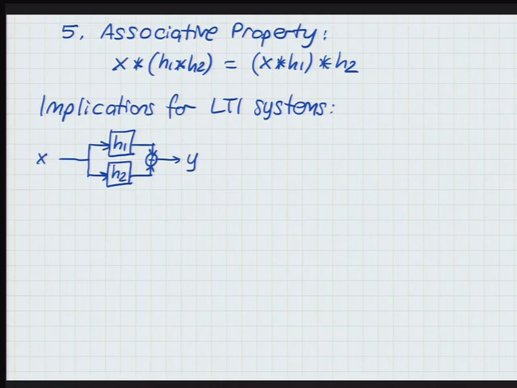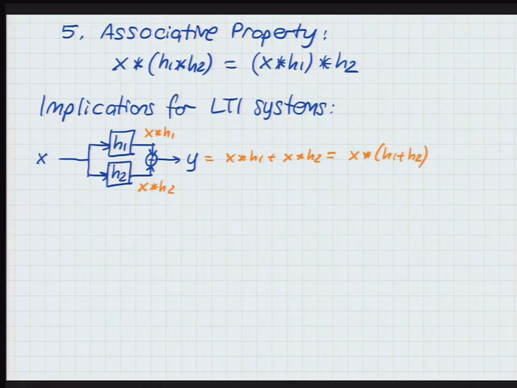What is the output of the upper block? x is the input, h1 is the impulse response, so the output is x star h1. The output of the second block is x star h2, so the output of the parallel connection is the sum of those two, x star h1 plus x star h2. But then the distributive property tells me that this is the same as x star (h1 plus h2), correct?